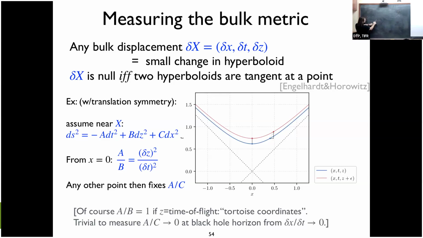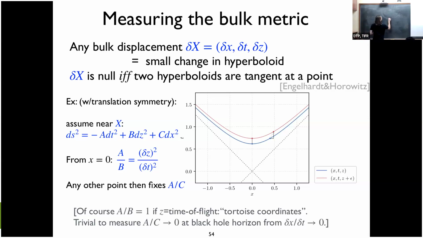Suppose you're shifting your bulk point by a null distance. Then the future dipole of these two bulk points will be tangent to each other. They're at a tangent point. But because one of them is the future of the other, it will be strictly inside the other.